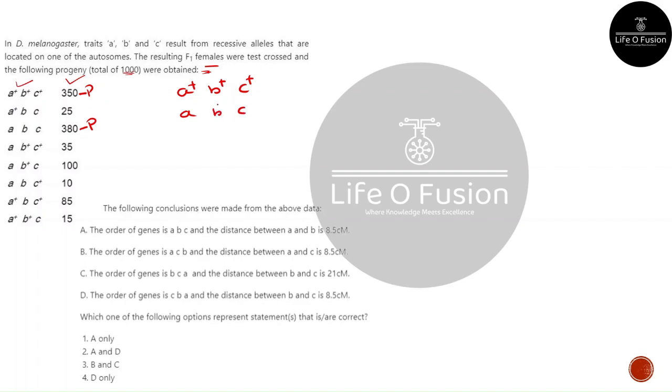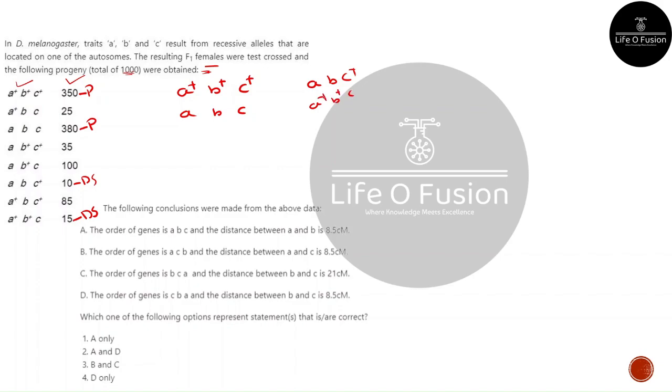Now the next step is to find the gene order. You can find the gene order from the double crossover product. So how to find which is the double crossover product? The lowest number of offspring showing a particular genotype is known as the double crossover product. So here the 10 and 15, these two are double crossover products. The double crossover products are a, b, C plus, then A plus, B plus, c.